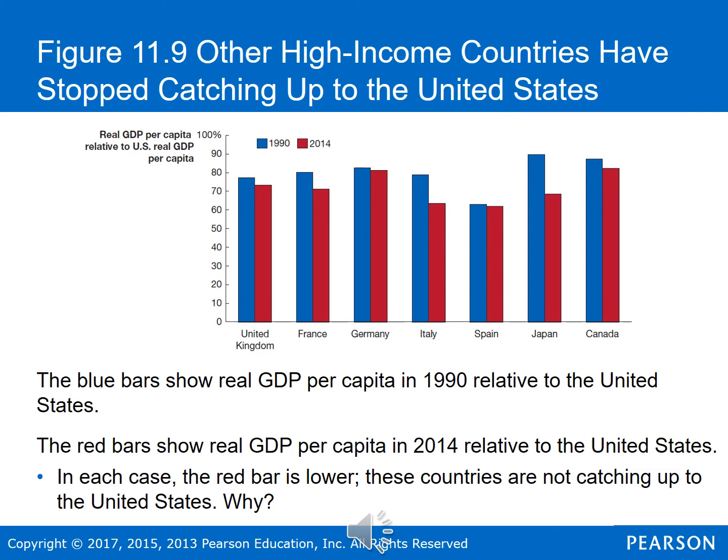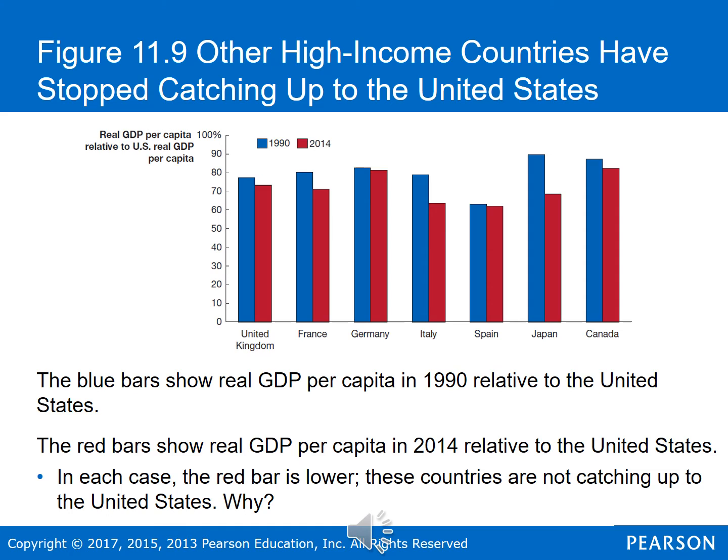Not only have we not seen some of the low-income countries converge like we expected them to, other high-income countries have stopped catching up to the United States. This figure on the slide shows the real GDP per capita for these countries relative to the United States' real GDP per capita. They show 1990 and then 2014.